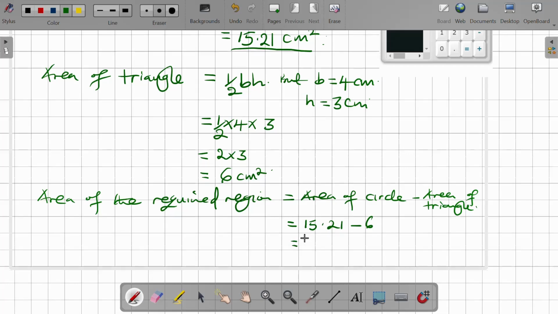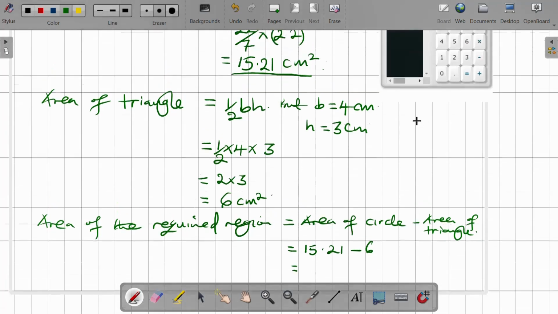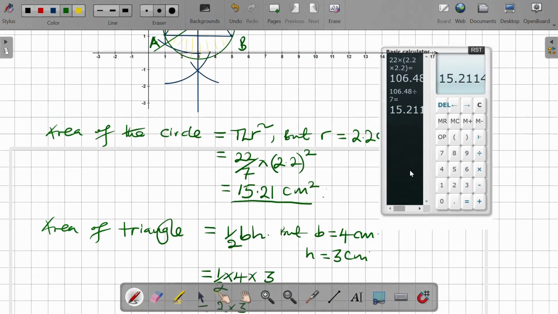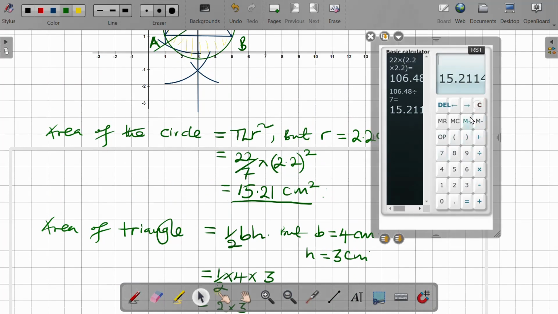This gives us, so we can have the calculator here, 15.21 minus 6, giving us the answer as 9.21.